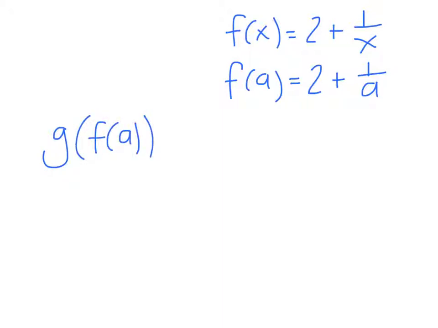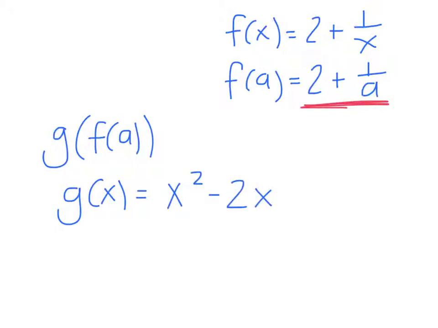So what we're going to do now is take the f function and substitute it into the g function. So before we do that, we'll write down what the g function was. The original function, g of x, was equal to x squared minus 2x. So that means where we see an x in here, we're going to substitute it with the f of a function, which is this one up here.